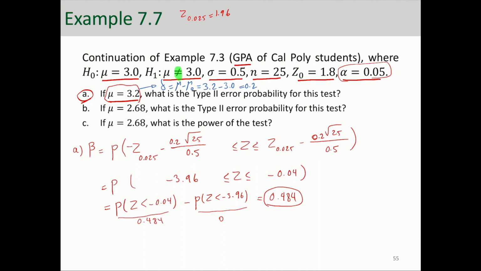Now, part B says if mu is 2.68, what is the type 2 error probability for this test? Well, now this is a new population mean.